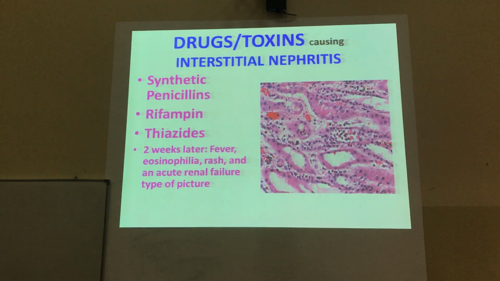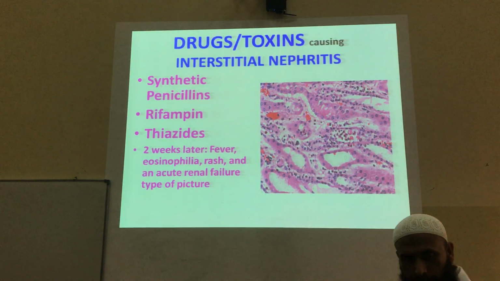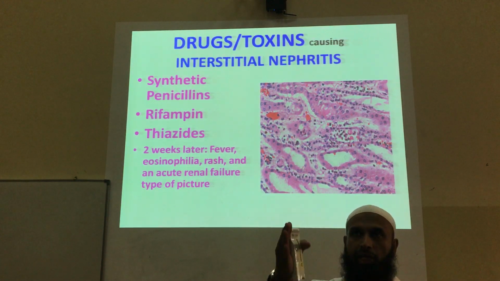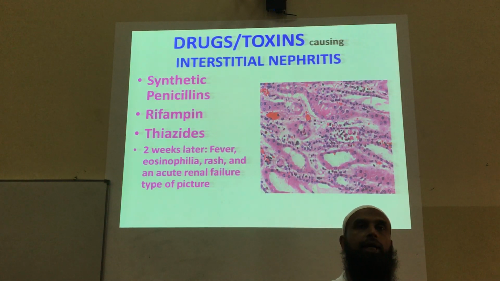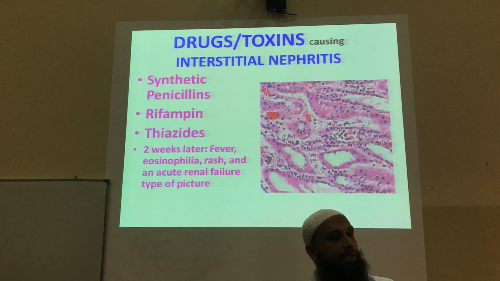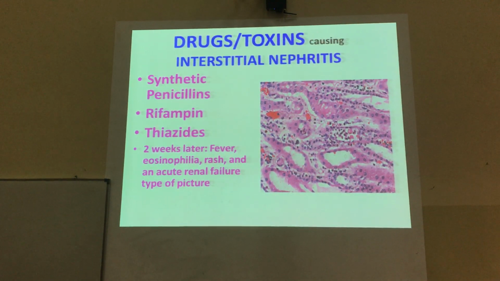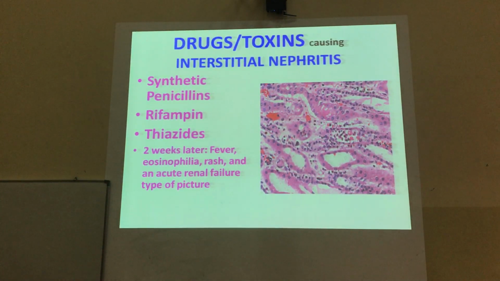Now, drugs and toxins can also cause interstitial nephritis, for example penicillins, very commonly. Rifampicin. What is rifampicin? Antibiotics, the anti-TB drugs. Rifampicin is a very famous anti-tuberculous drug, but it can also be given in a lot of chemotherapy, so this can also directly damage the kidneys.